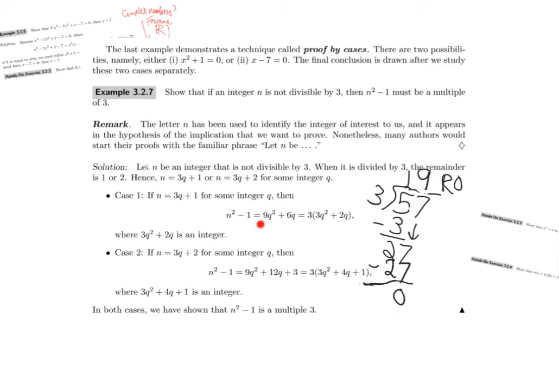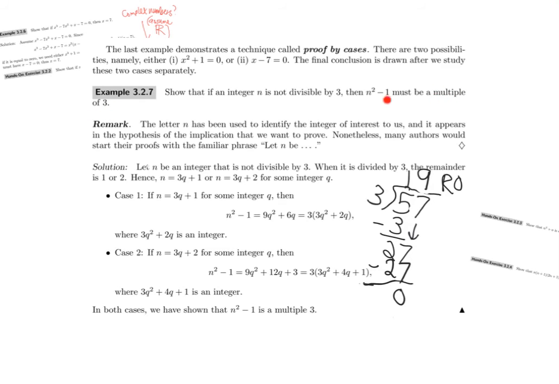Well, you do the algebra, you work it out. When you subtract 1, you're left with 9q squared plus 6q, and you can factor a 3 out of that, and the remaining part is an integer. And remember, that's what it means to be a multiple of 3.